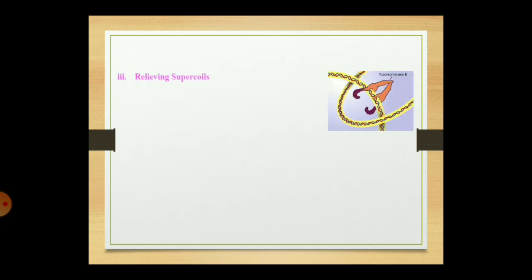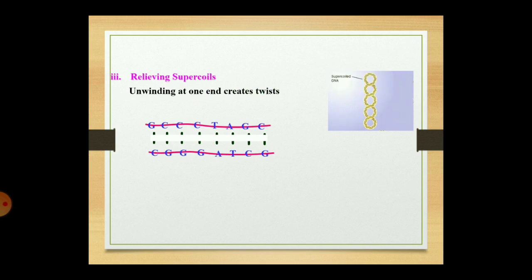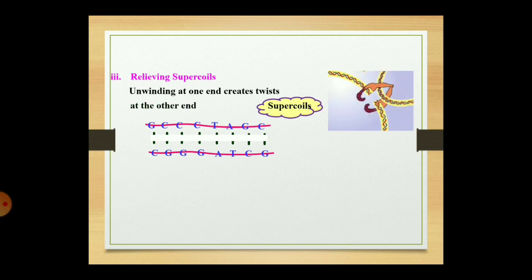Then, soon after the helicase enzyme, the topoisomerase enzyme relieves the stress at the opposite end of the DNA. Look at here. What exactly happens because of supercoils? It resembles a spring-like structure.